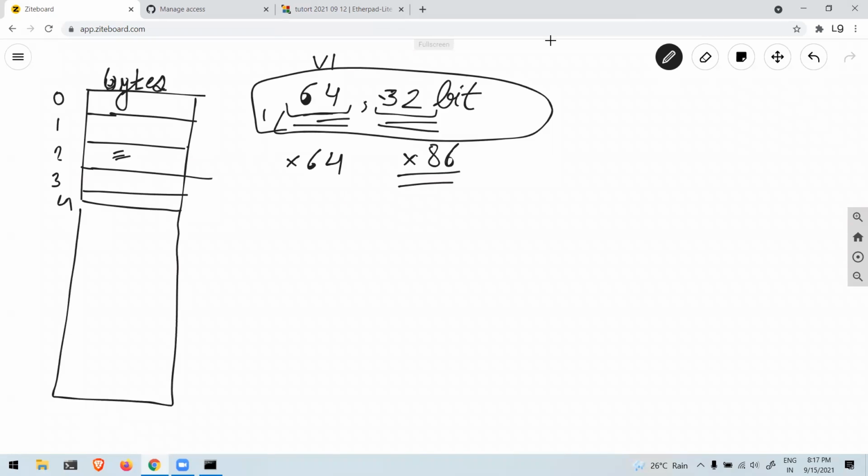Because if you say you have 1 GB of RAM, 1 GB is equal to 1024 MB, which is 1024 KB into 1024 bytes, correct? This is going to be a big number. This is 2 to the power 30, I guess.